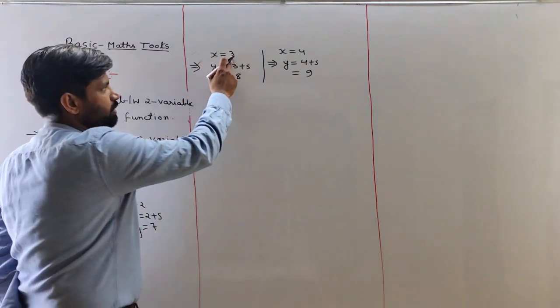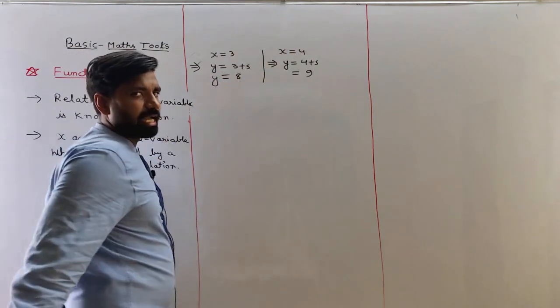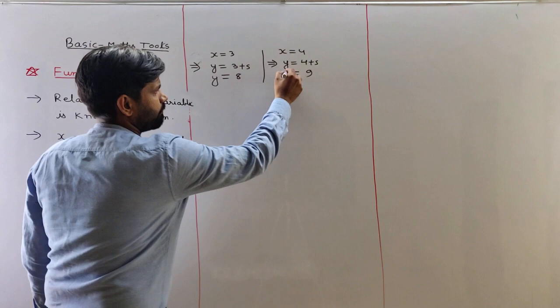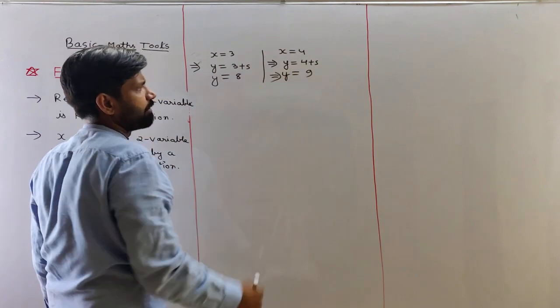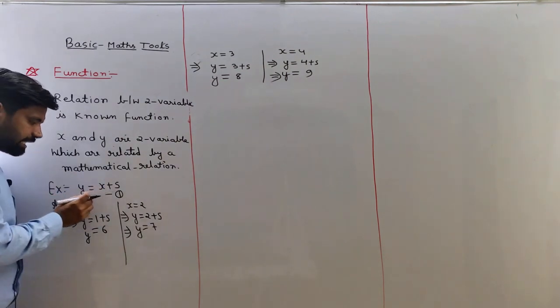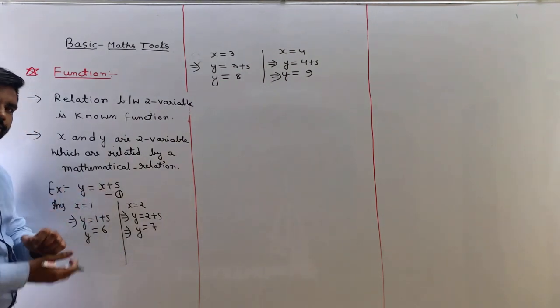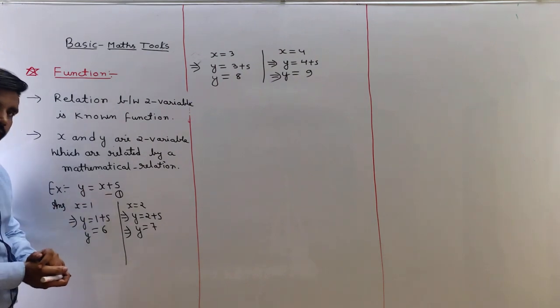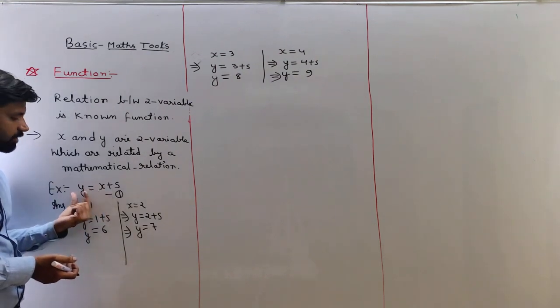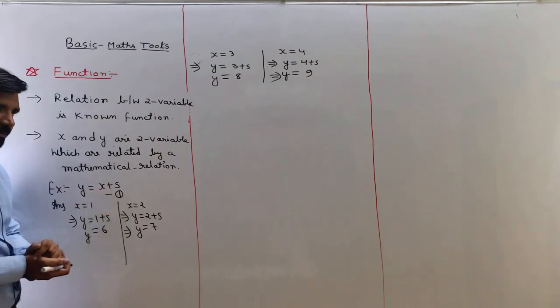If x is equal to 3, then y is equal to 8. And if x is equal to 4, then we get y is equal to 9. It means that y is a dependent variable on x. Y depends on x, but x does not depend on y.